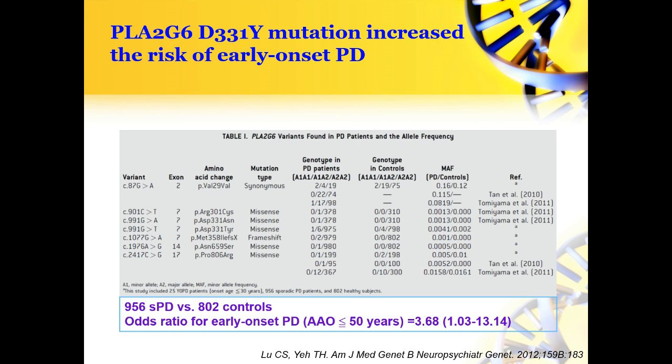In addition, we did genetic analysis of PLA2G6 variants in 956 sporadic PD and 800 controls. PLA2G6 D331Y mutation increased the risk of early onset PD, with an odds ratio of 3.68-fold.